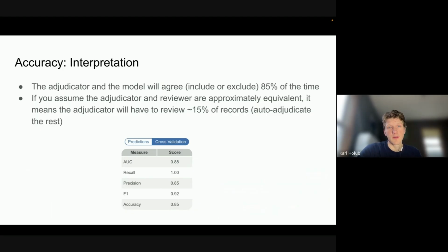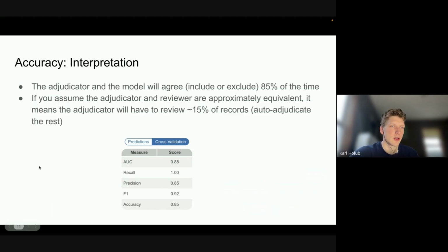Accuracy interpretation: if we were looking specifically at this model in a nest, the way we might explain this to a user is that the adjudicator and the model will agree, regardless of include or exclude, 85% of the time, from this number right down here.